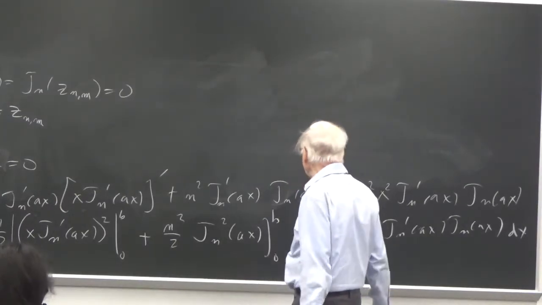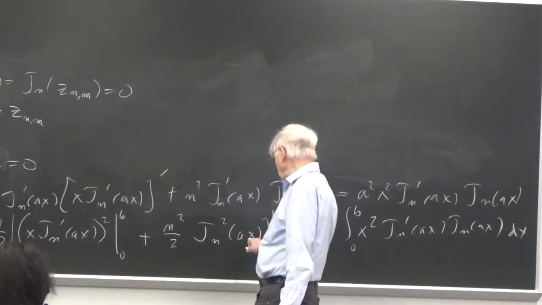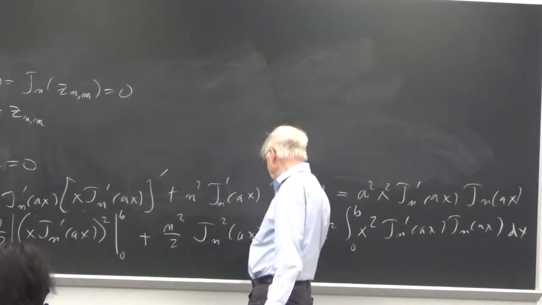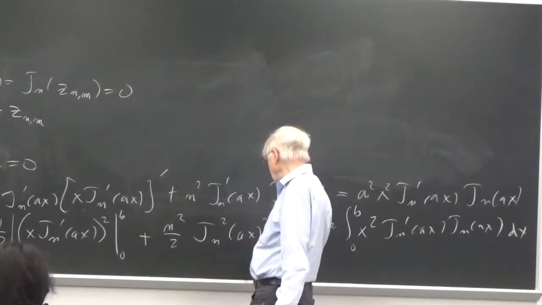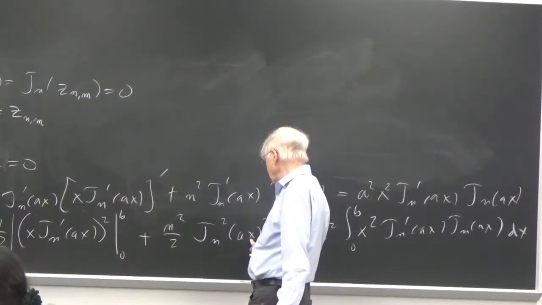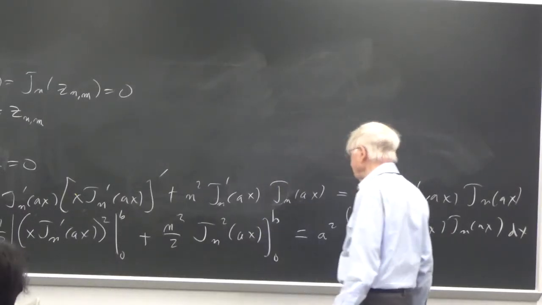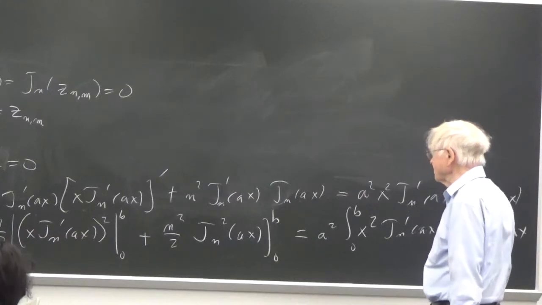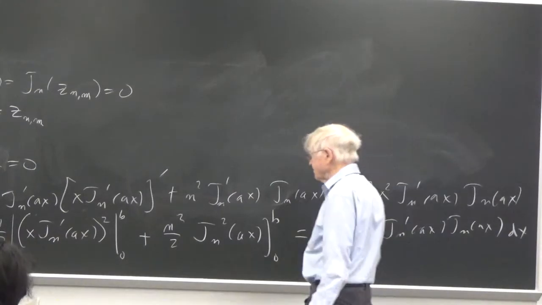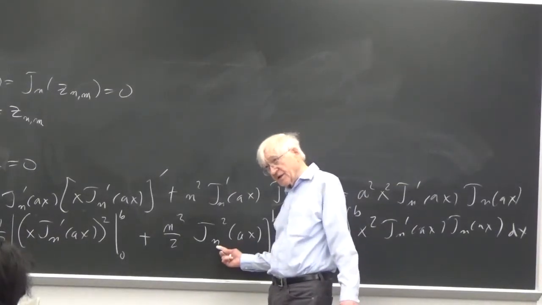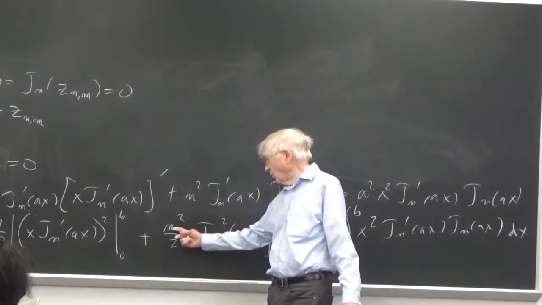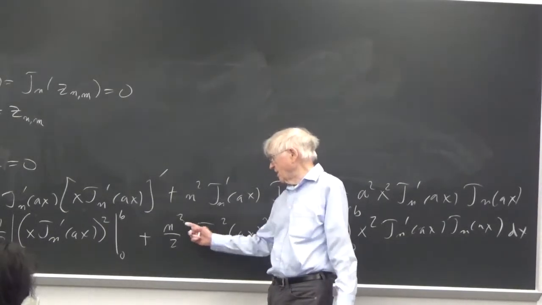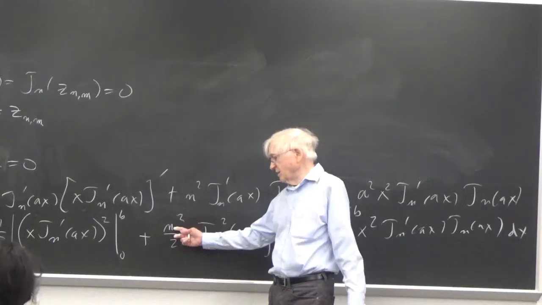And so now, if we recall that AB is Znm, and for x equals 0, the Bessel functions are either 0 when n is greater than 0, or when n equals 0, they're 1, but then you have a 0 here.